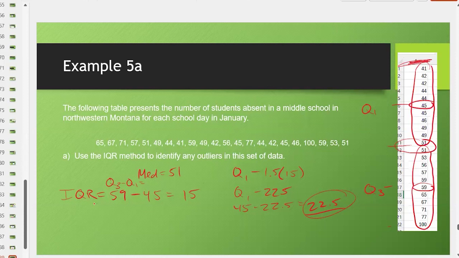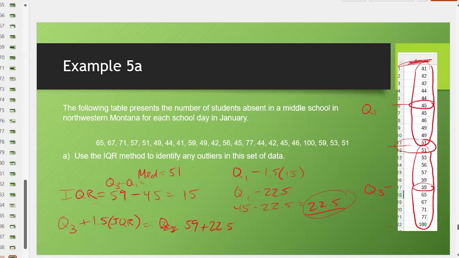If we then do the same thing, we're going to use Q3, but now we're looking for outliers above the third quartile, large values in the data. So Q3 is 59, plus 1.5 times the interquartile range. That's still 22.5.